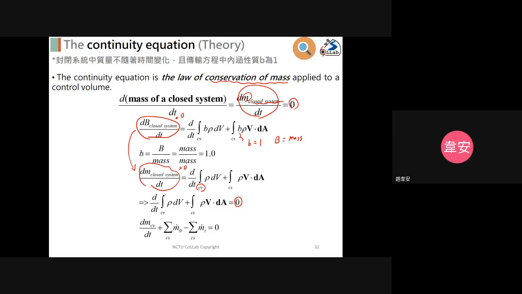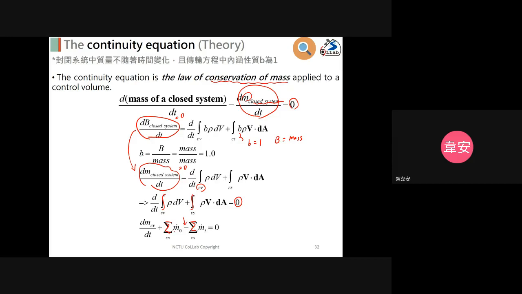represented by the integration operators, or you can write it by the summations of the control surface outflow mass rate and the control surface inflow mass rate, but with the minus.